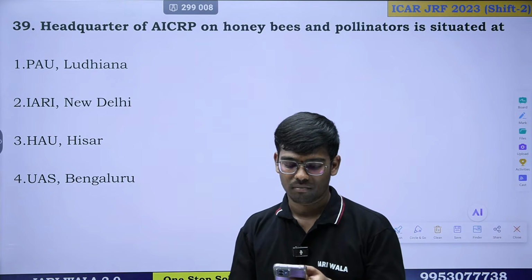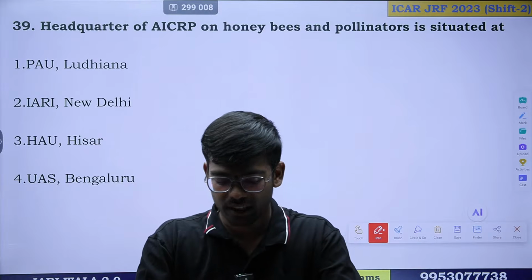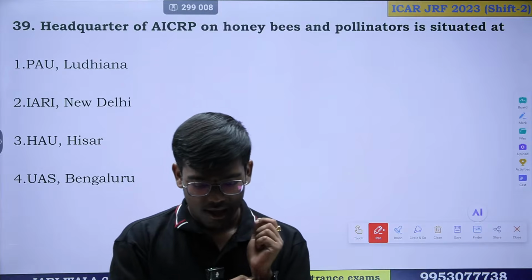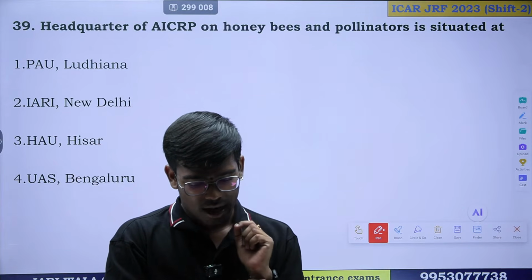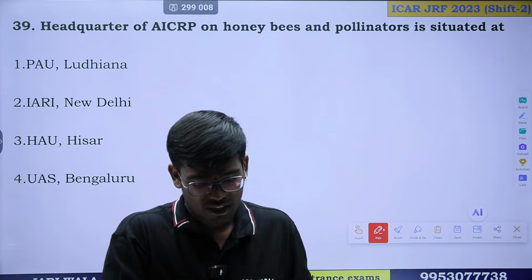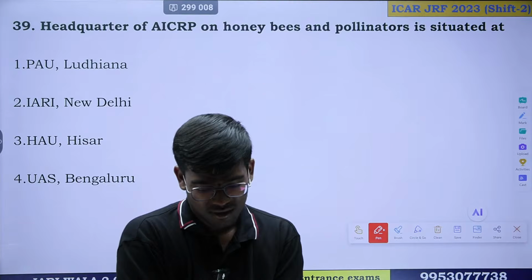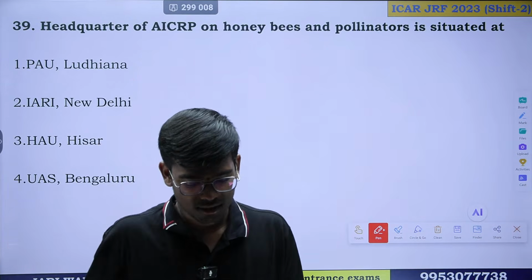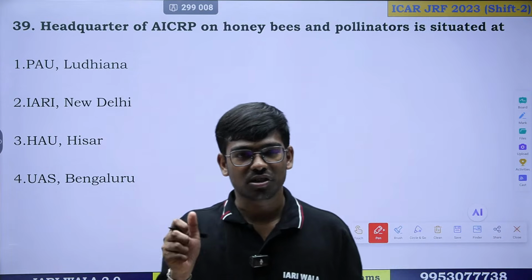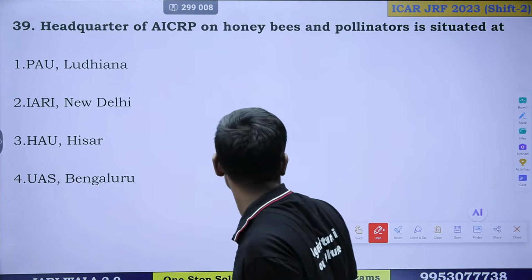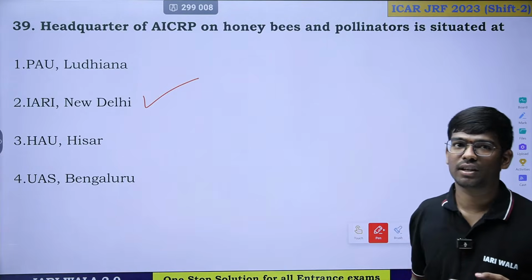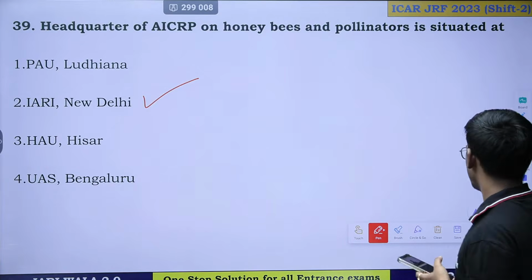The headquarters of AICRP on honeybees and pollinators is situated at... Sam kept 2 and Mishra kept C, and Gaming confidently kept B. I got wide variation in the answers. So actually this headquarters is present at the Indian Agricultural Research Institute, IARI, New Delhi. Okay, AICRP headquarters is at IARI, New Delhi.